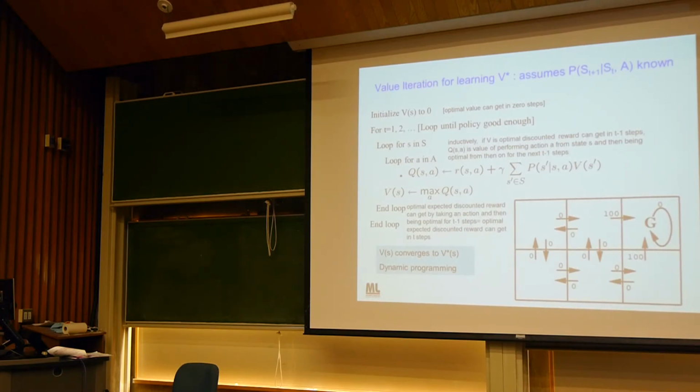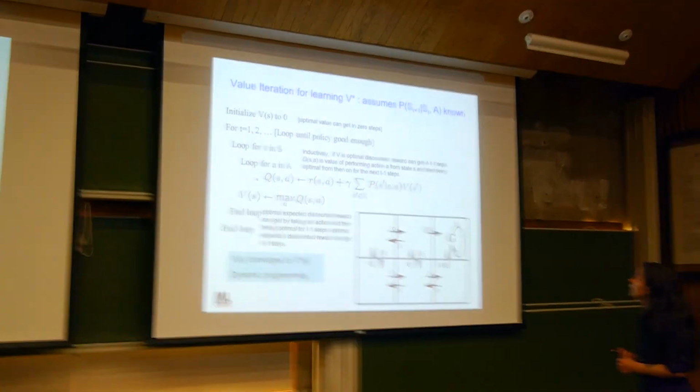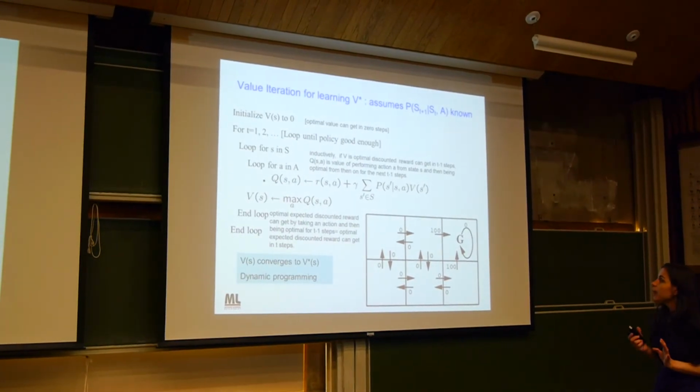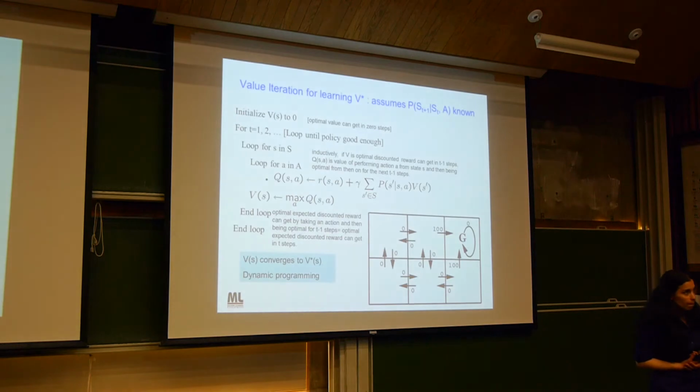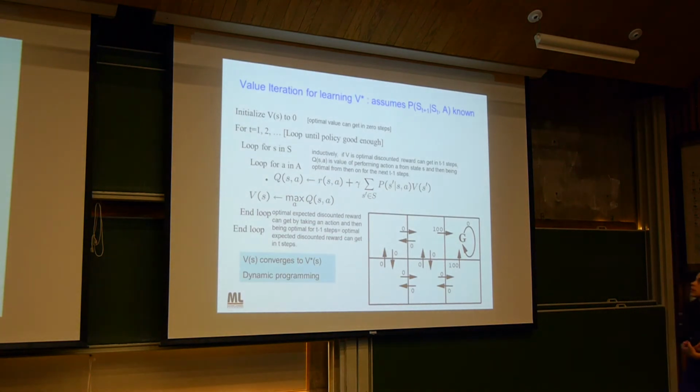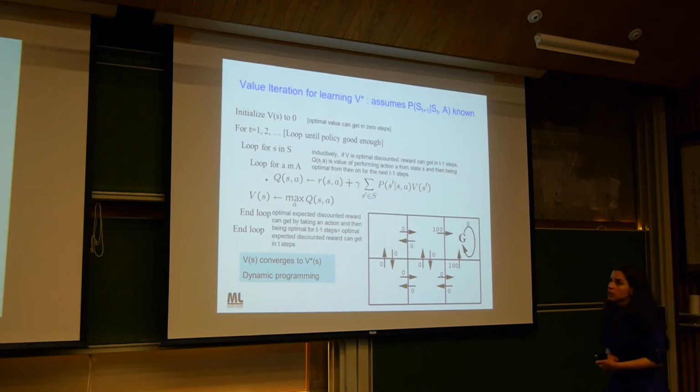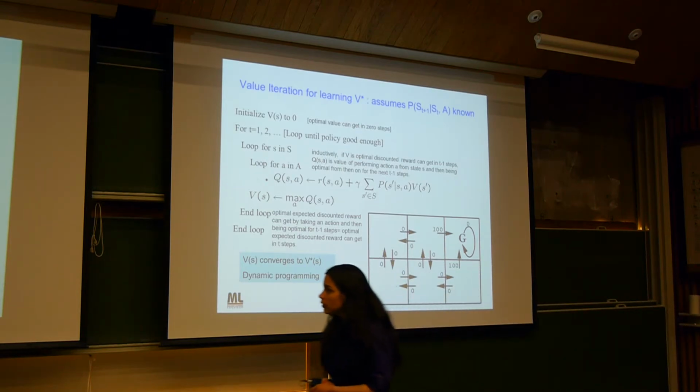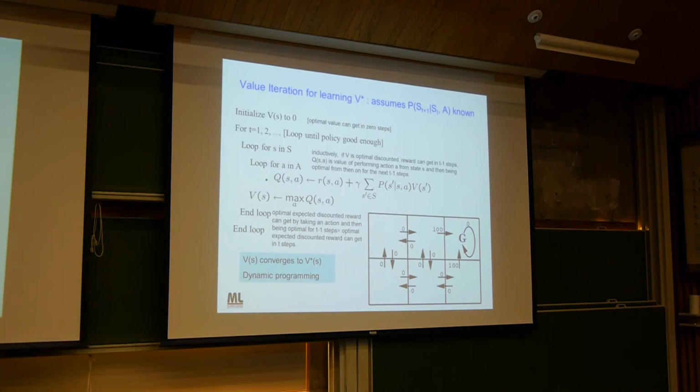Say it again. The policy, we need to update that? So here I'm just computing the value function. We are not computing the optimal policy. I'm only computing the value function. And I guess the question is, if we know the value function, can we compute the optimal policy?